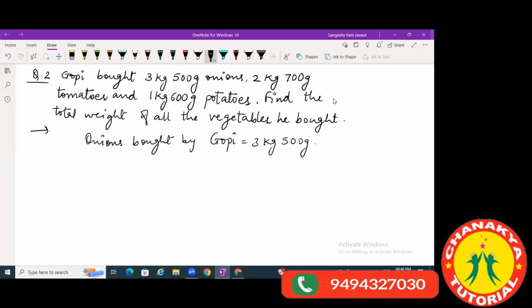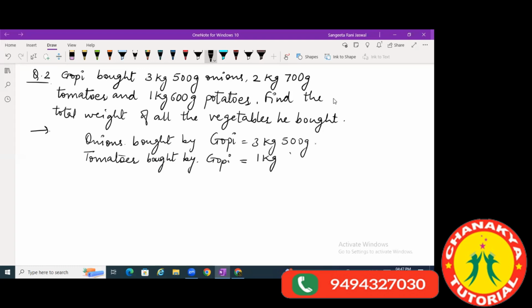Okay, next statement, Harshit. Ma'am, weight of tomatoes bought by Gopi. Very nice. Weight of tomatoes bought by Gopi. I'm just writing like this so that it's same. But in your notebook, you please write the whole thing. It's 2 kg 700 grams.